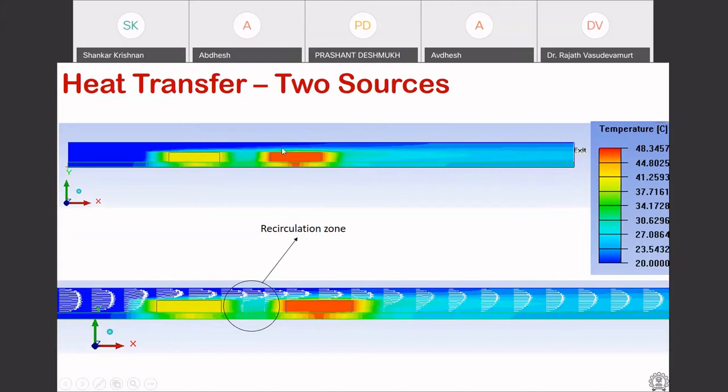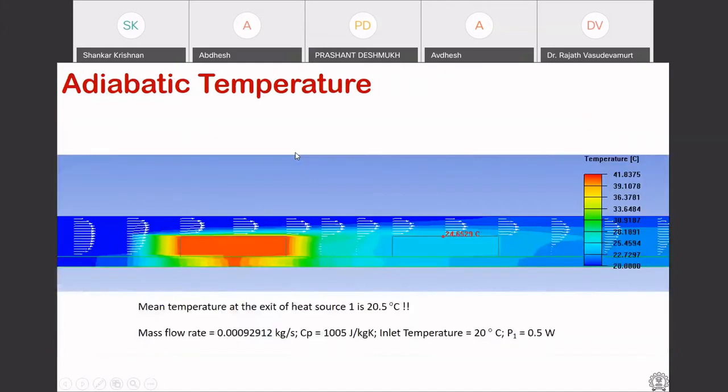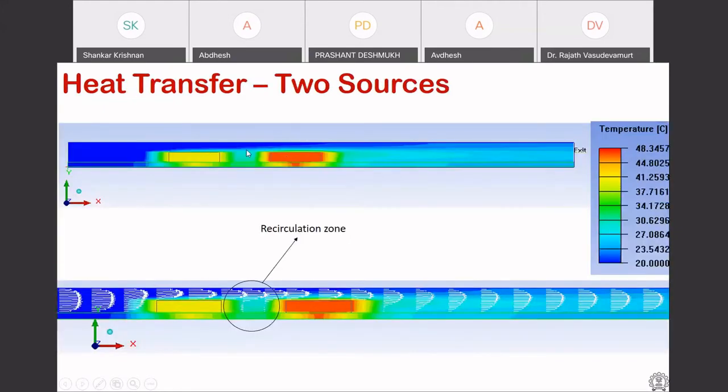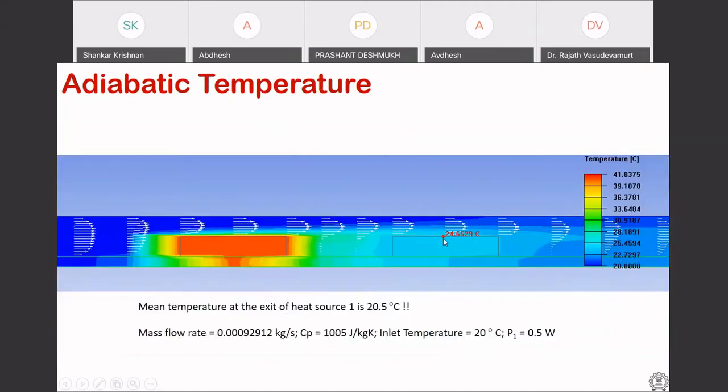So one of the important things to remember is, what is the adiabatic temperature? Here I have both the heat sources turned on. So in order to find the adiabatic temperature of the second heat source, I have to power it off. So if I power off, I get a temperature of 24.7 degrees Celsius.